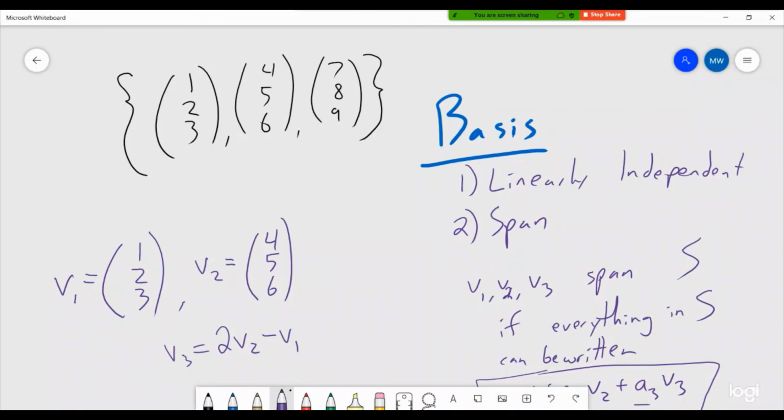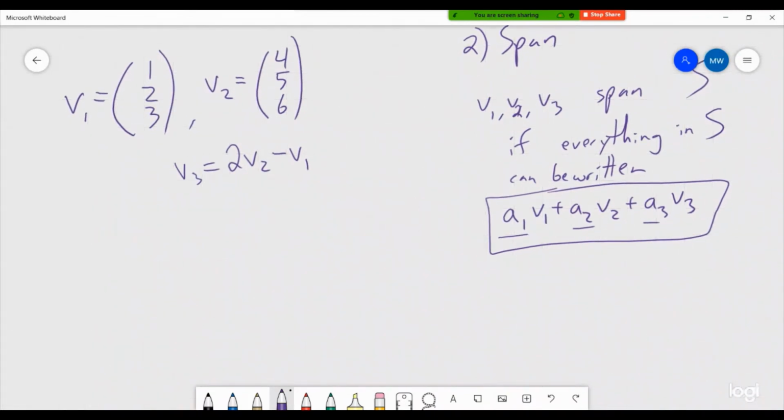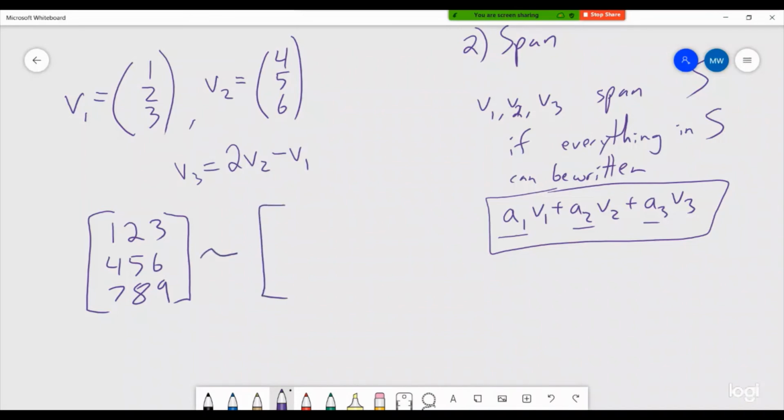The way that we might figure that out is if we put them in as rows. So we have 1, 2, 3; 4, 5, 6; 7, 8, 9. In the process of row reducing, we keep track of what we did. To row reduce, one thing we might want to do is make the first column only have a 1 in the top. So 1, 2, 3.